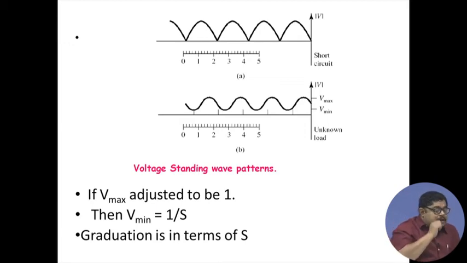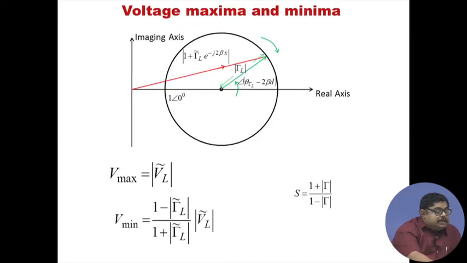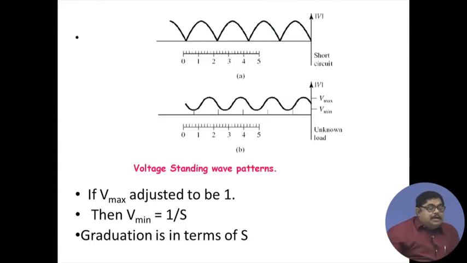The moment you adjust it to 1, then V minimum becomes 1 by S. You can see from here that if I make V max 1, then basically V minima becomes 1 by S. So, that is what we are writing: V minima is 1 by S. Now, the VSWR meter scale is graduated in terms of this S. S stands for VSWR.